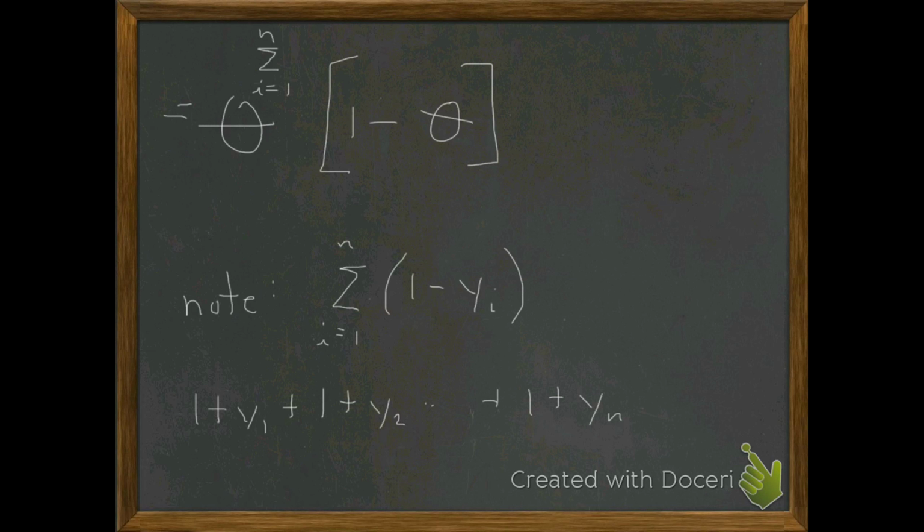So we can rewrite this as 1 plus 1, so we have n of these, minus the sum from i equal 1 to n of y sub i's. Okay, yeah, that's what I want.